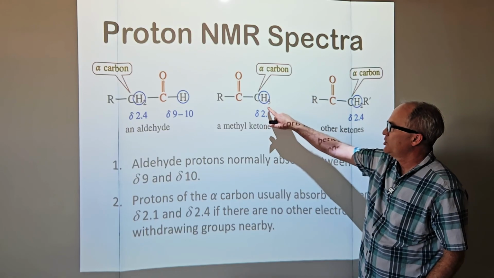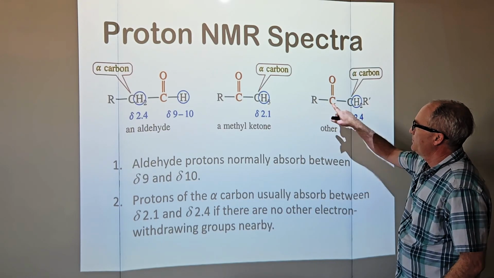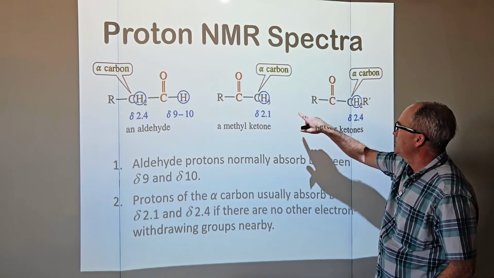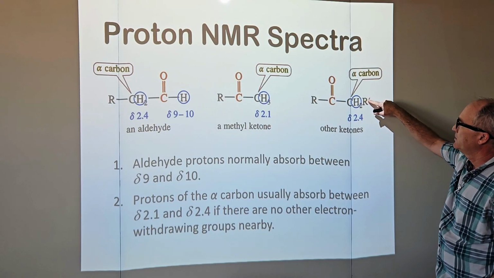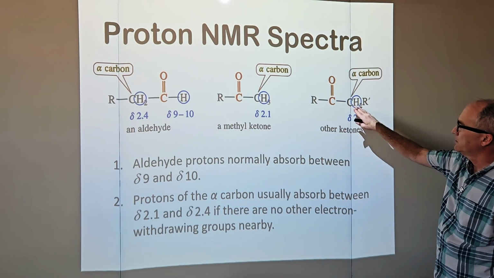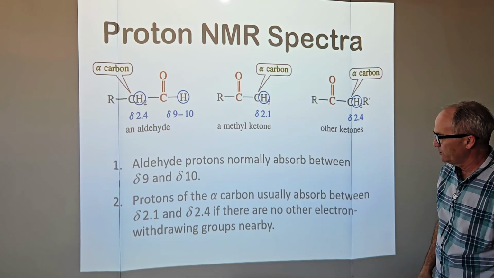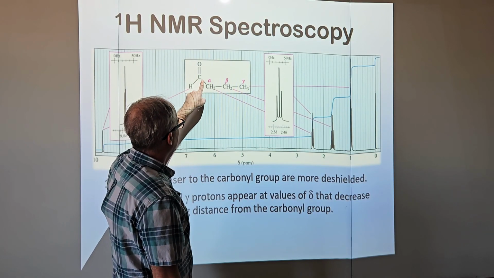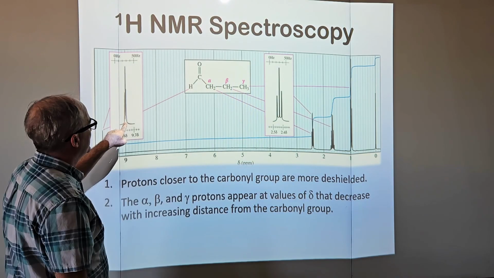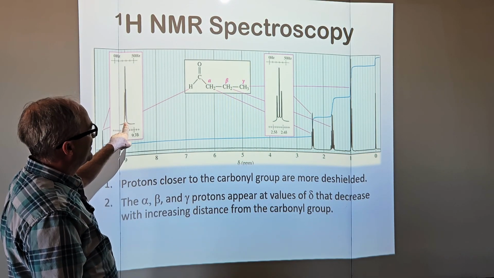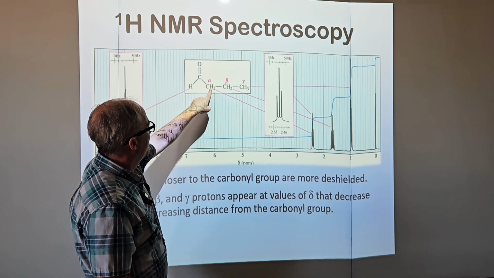Notice this one's more shielded than this one. They're both being deshielded by carbonyl carbon, but this one's getting deshielded more because it's a methylene carbon, or methylene protons, instead of methyl protons. So let's count 1, 2, 3. So this is actually kind of a triplet, right? Being split by those.